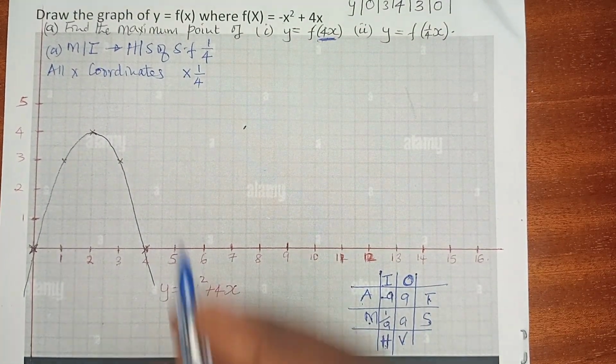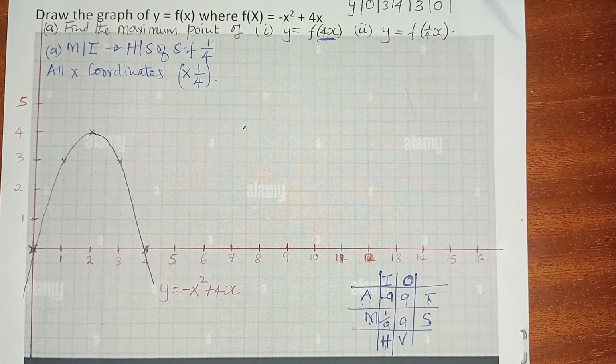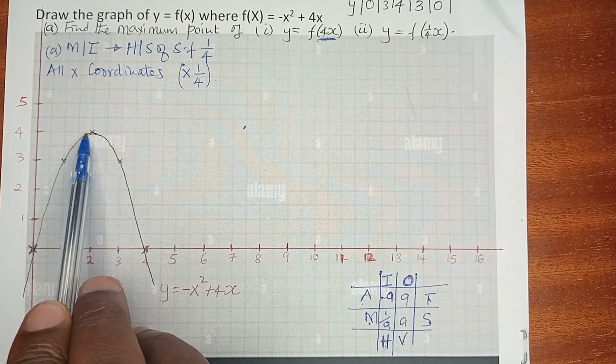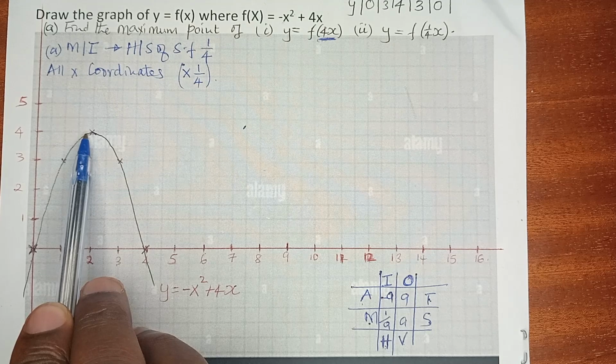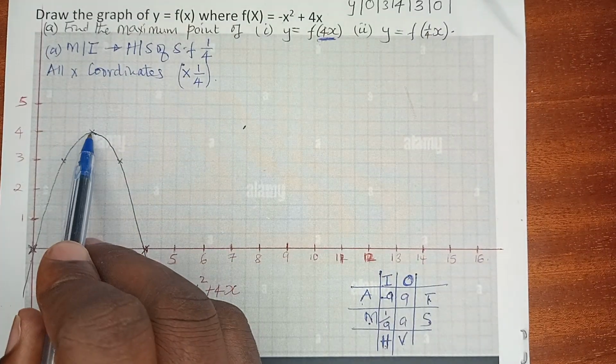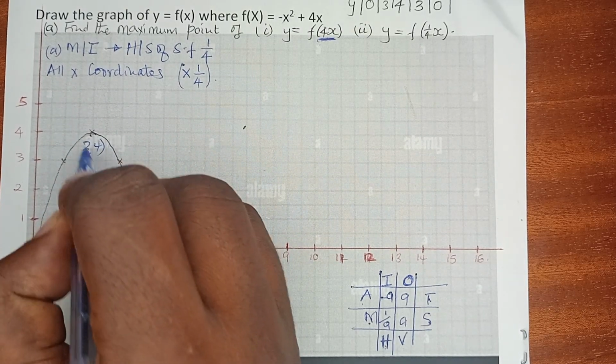Let us now go to the graph. This particular point is the maximum point. The question is, what is the maximum point of this new graph? The maximum point of the original is (2, 4).